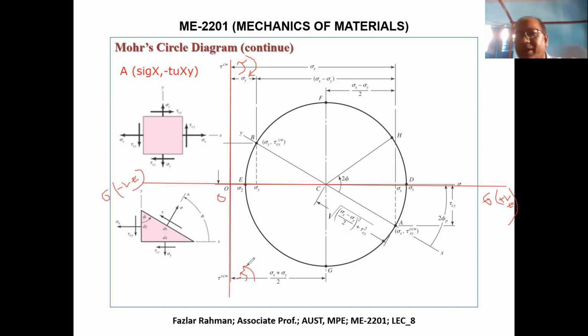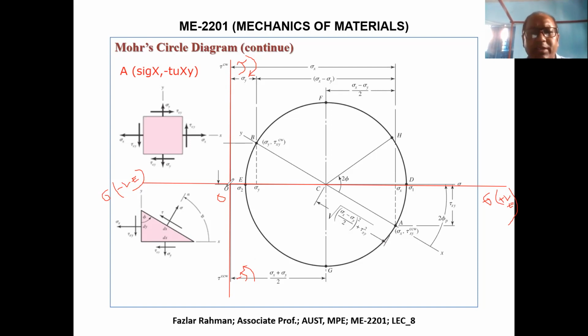And all the other lines, forget about the circle. At first, I have two options. I can put the center of the circle and use the radius, then I can draw the circle. But instead, I'll use the other policy. I like to identify the point A in the graph. So point A, this is sigma x.